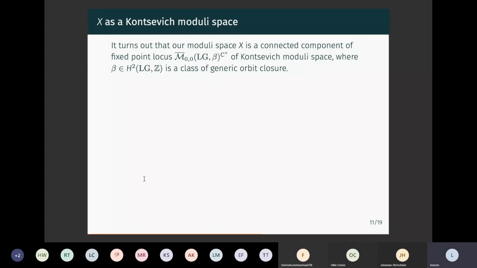We have an action on the Lagrangian Grassmannian, and this action leads to an action on its moduli space of stable maps, because if I have a map, I can post-compose it with the action of C star. Then parameterizing orbits corresponds exactly to my map being an invariant point of this Kontsevich moduli space. And of course, the class beta we should fix to be the class of a generic orbit.